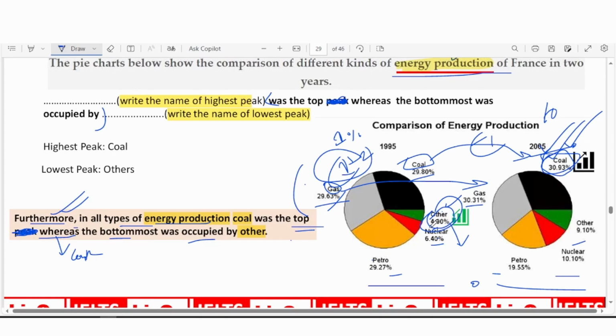So first, let's talk about the other. This is another key feature, right? You first talk about how other really increased nearly double. It was nearly 5, and then it increased to 10. So you don't want to compare all the time in the same way. You also want to compare in different ways. So you can say the category other increased nearly double.